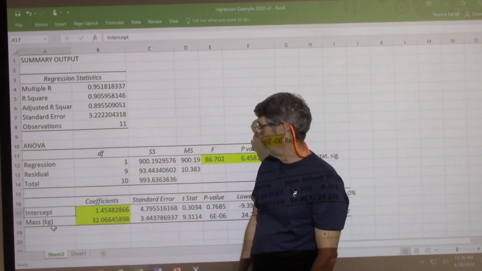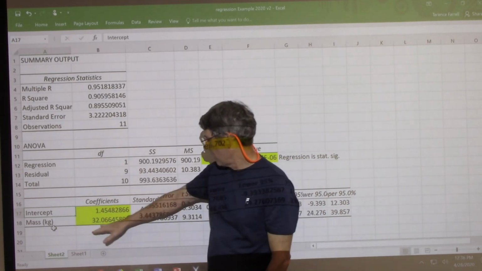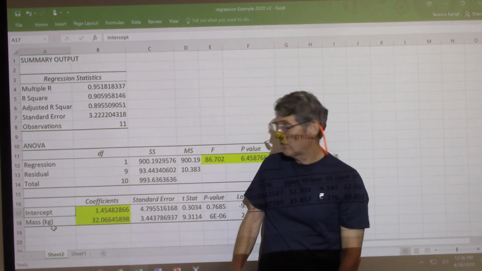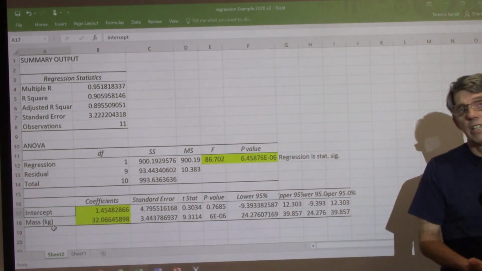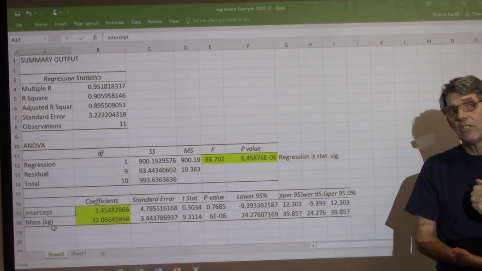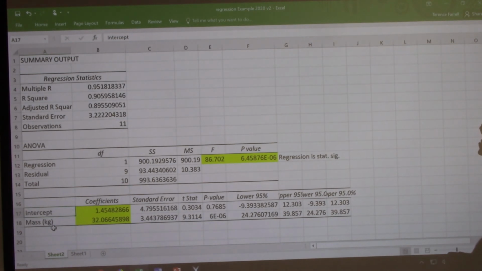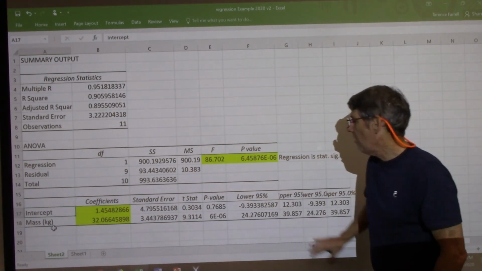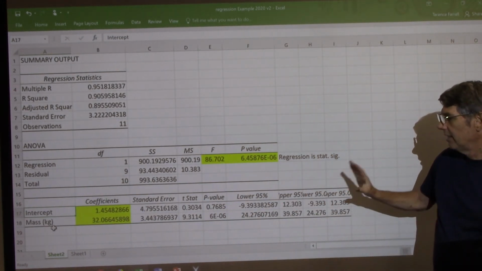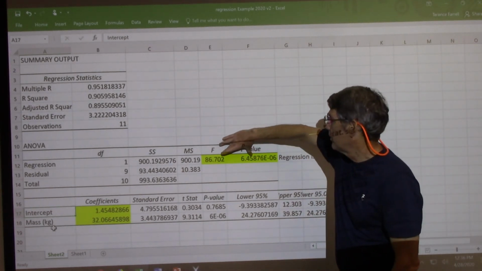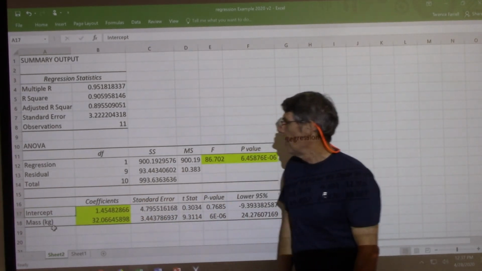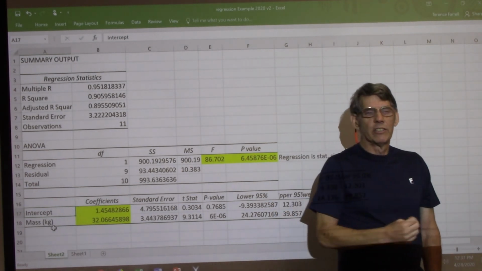That's the slope. It doesn't say that's the slope, but this 32.066 is in units of eggs per kilogram of body weight, and that is the slope. I'm not going to go into all this, but basically you can interpret these, and you've got your linear regression done.